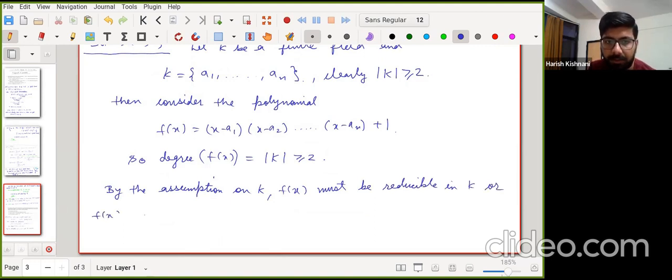or f(x) must have a root in K, right? But it's easy to see that f(x) doesn't have a root in K. Why is it so?